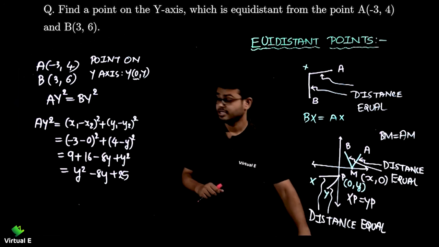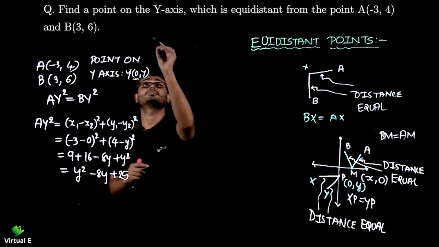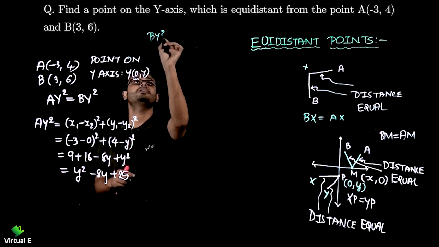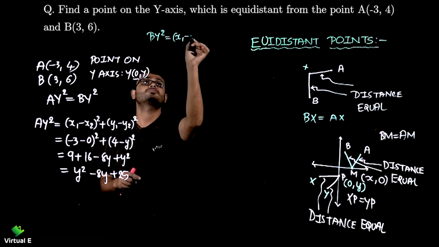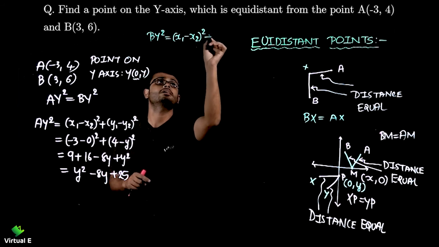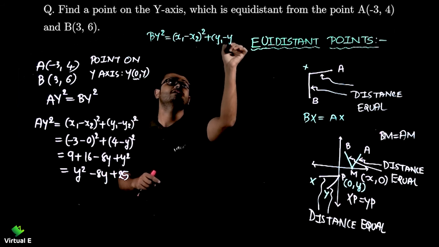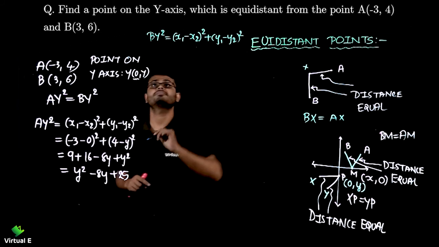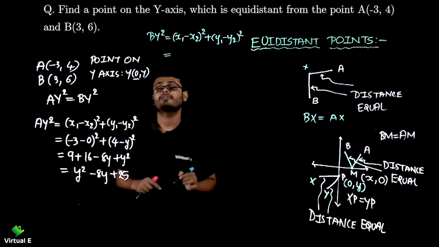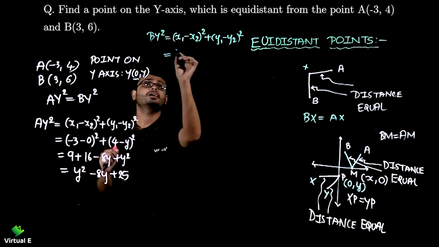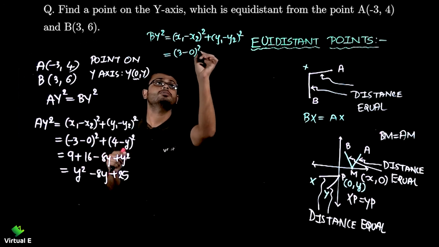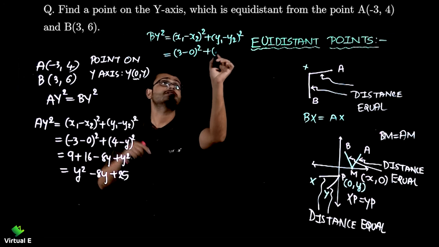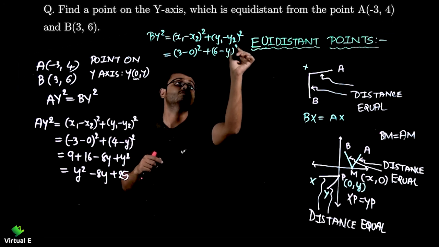Now we need to get BY square. So BY square is equal to (x1 minus x2) whole square plus (y1 minus y2) whole square. Simple. Now let's get the value. It is (3 minus 0) whole square plus (6 minus y) whole square.